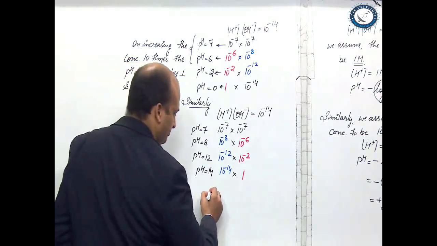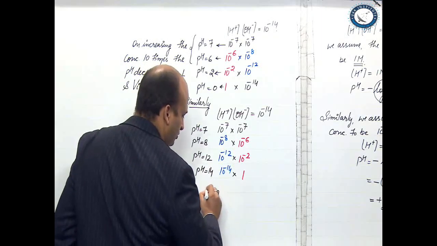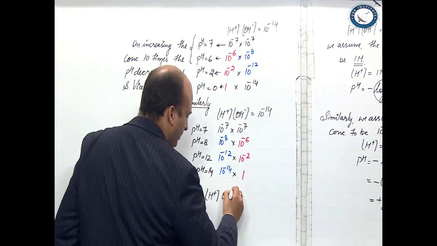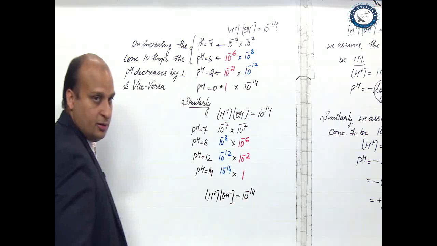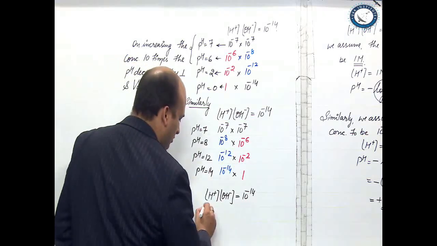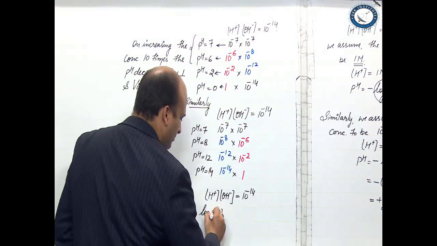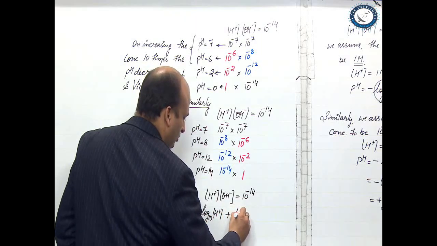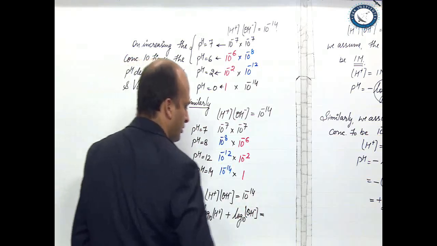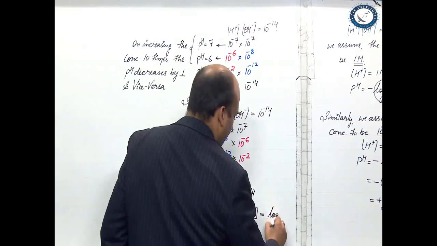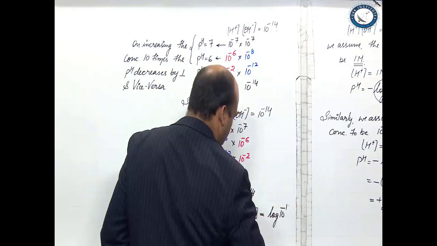See, for any solution we have said that H plus into OH minus ion concentration is 10 raised to power minus 14, right? Okay, take a log. So log to the base 10 of H plus plus log to the base 10 of OH minus is equal to log to the base 10 of 10 raised to power minus 14.